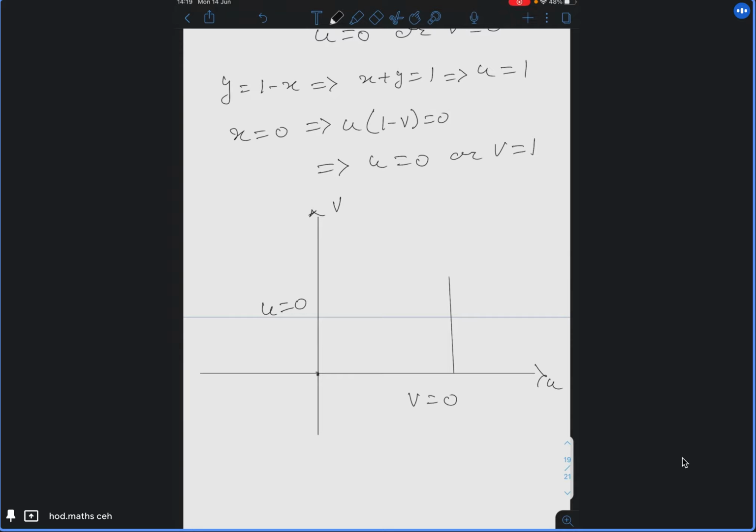And then you have v is equal to 1, so this is v is equal to 1. So what region we have got? This is the region of integration bounded by these lines: u is equal to 0, u is equal to 1, v is equal to 0, v is equal to 1. This is the region of integration which has been now transformed. This is some R dash.